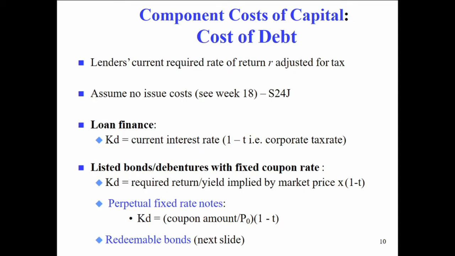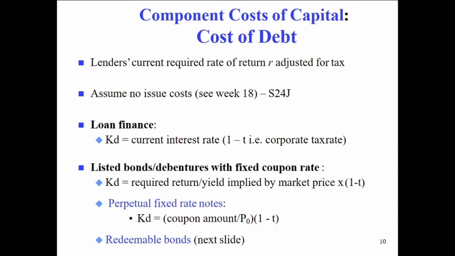If the company has debentures or bonds in issue, the cost of debt will be made up of the required return net of tax. So why are we looking at the interest rate net of tax? So interest is normally a deductible expense for taxation purposes.